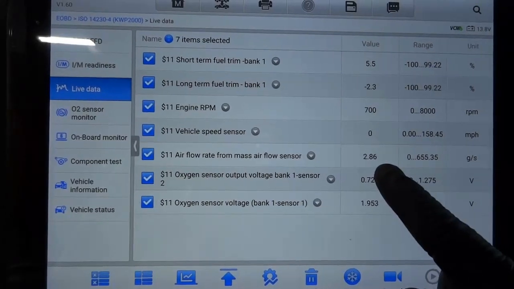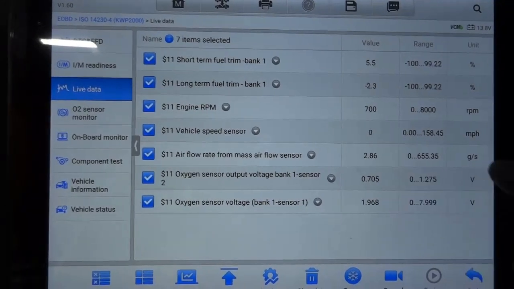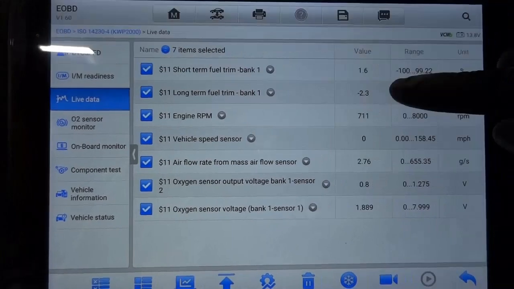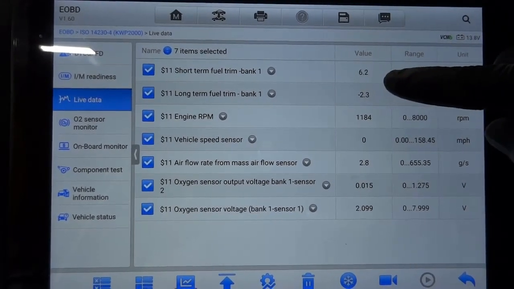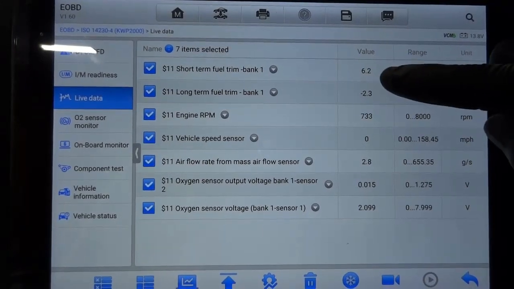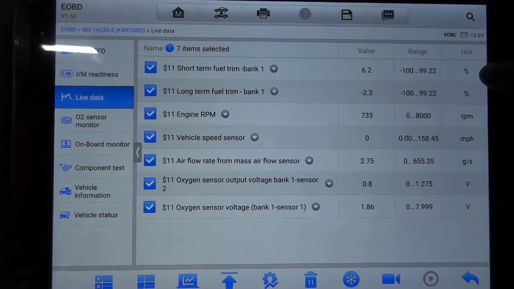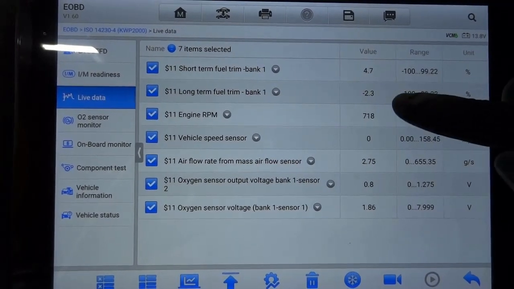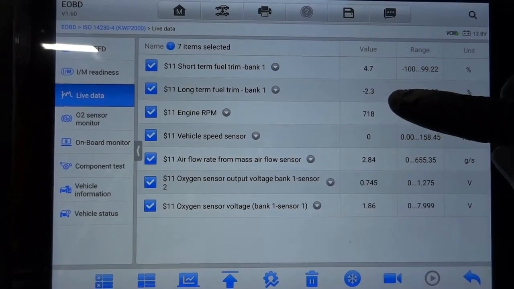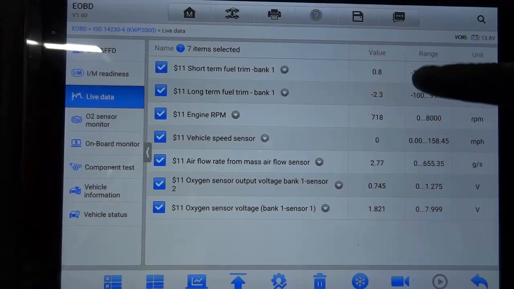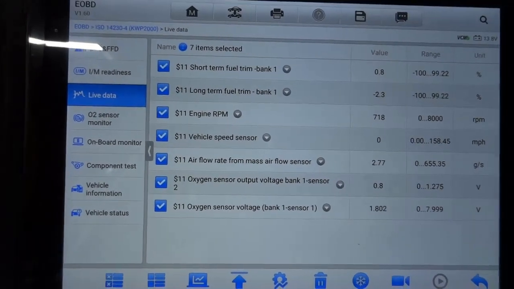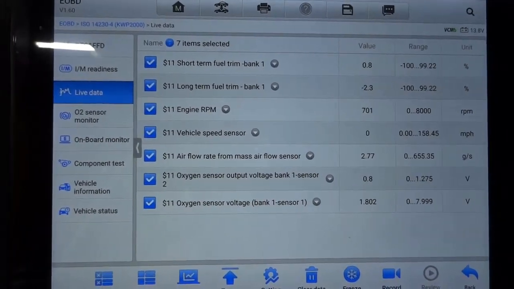Over here at idle we have 2.86 grams per second. So our fuel trim numbers look pretty good. We have 1.6%. It looks like we went up to 6.2% on the short term, and then we have minus 2.3 on the long term. So we are definitely within the plus or minus 10%, which is a normal range on a good working engine.